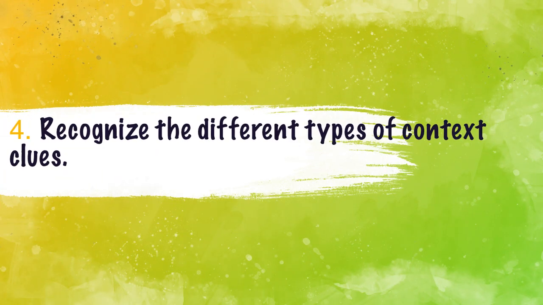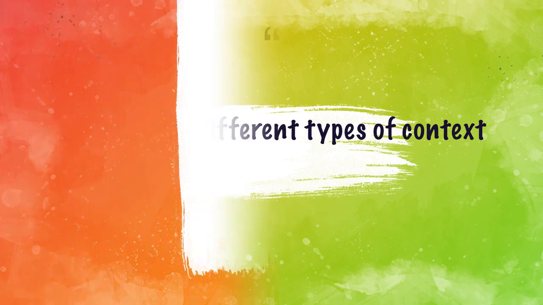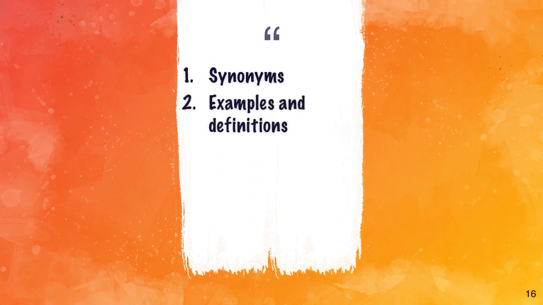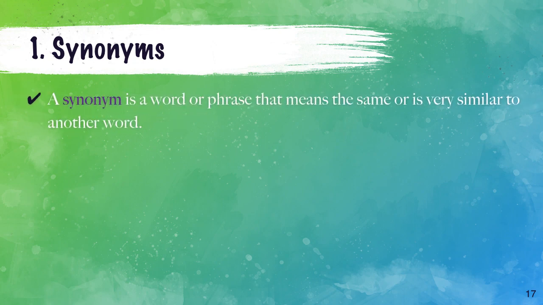There are different types of context clues you need to learn to recognize. These clues are synonyms, examples and definitions, antonyms and contrast. So let's begin with synonyms. A synonym is a word or phrase that means the same or is very similar to another word.